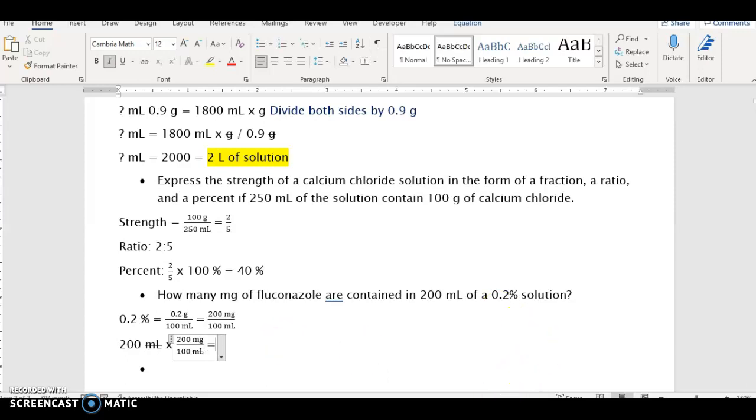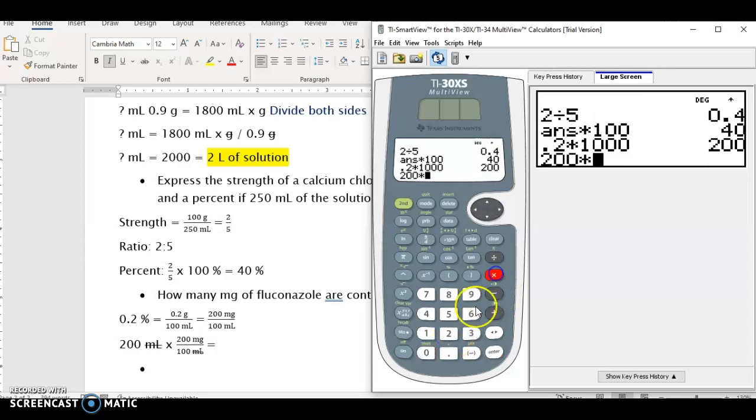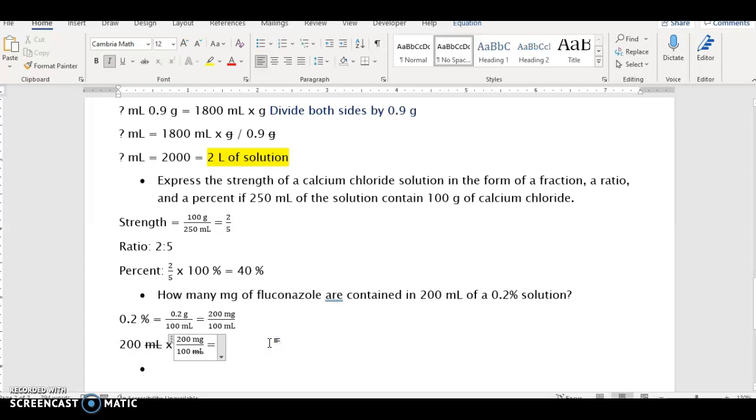So we can put that in our calculator: 200 times 200 divided by 100. It's given us 400. So in other words, there are 400 milligrams of the drug in 200 milliliters of solution.